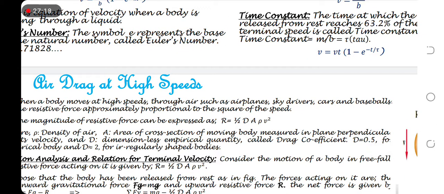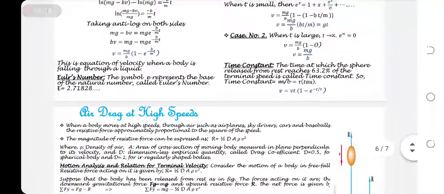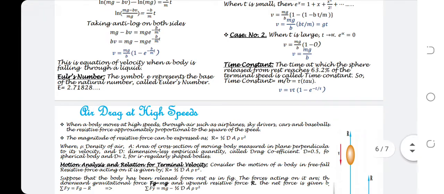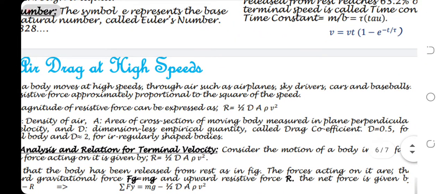The other article: air drag at high speed. When a body is moving at very high speed and has a very large mass as compared to a droplet or raindrop, then the resistive force is not simply proportional to v, rather it is approximately proportional to the square of the speed.